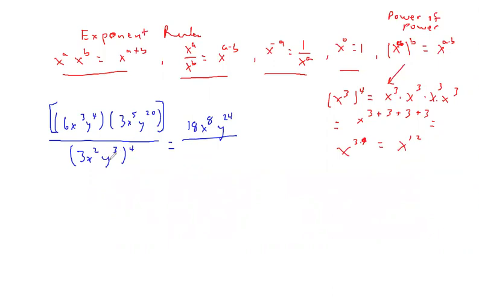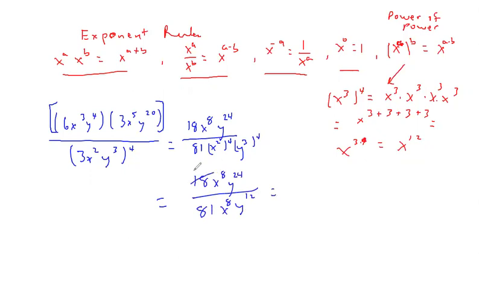Well, 3 times 3 is 9, so 2 9s, so that's 81. X squared to the fourth and y to the third to the fourth. So I have 18x to the eighth, y to the 24th over 81x to the eighth, y to the 12th.